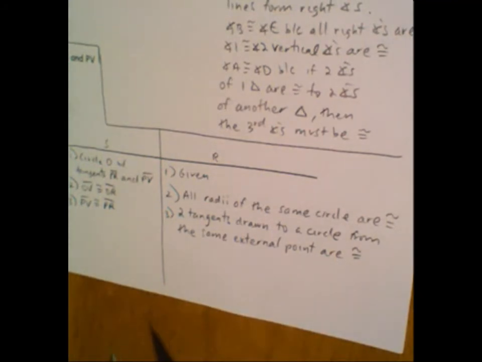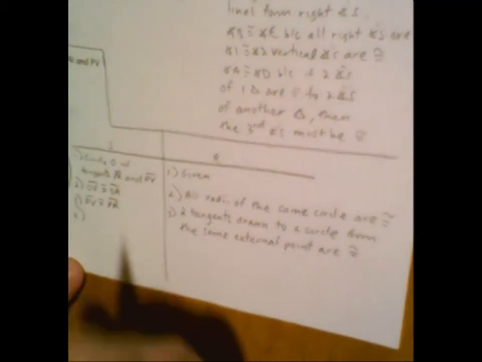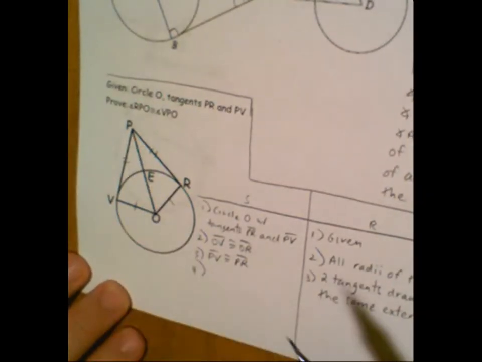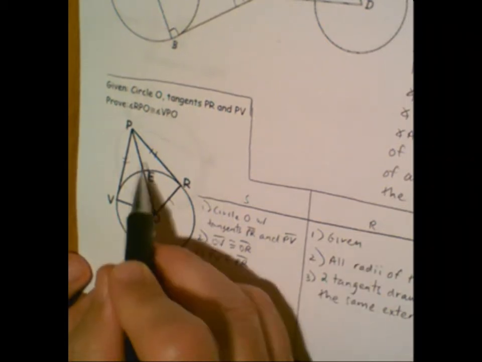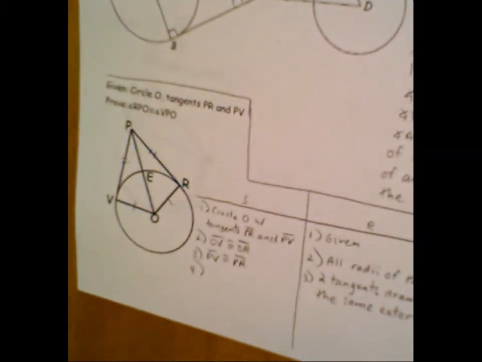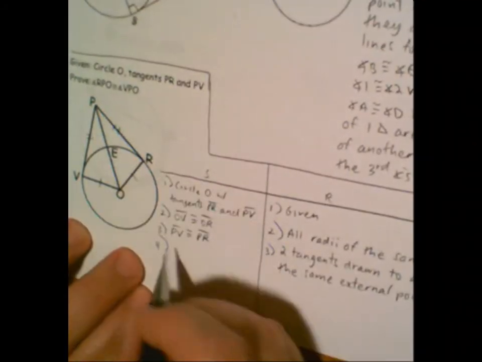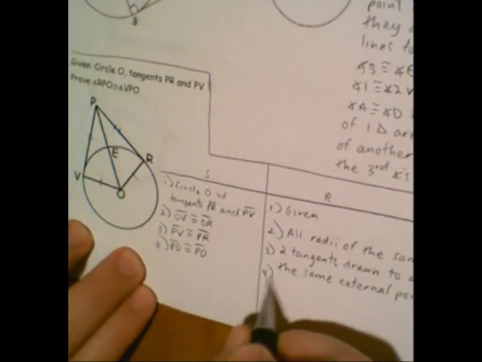Okay. Now, by the way, we're trying to prove that angle RPO is congruent to angle VPO. Well, we can prove that the two triangles are congruent. I should have discussed this earlier, but I thought you all knew where we were going. If we could say the two triangles are congruent, then those angles must be congruent because corresponding parts of congruent triangles are congruent. Now we already have two sides. Now we can say that PO is congruent to PO because of the reflexive property.